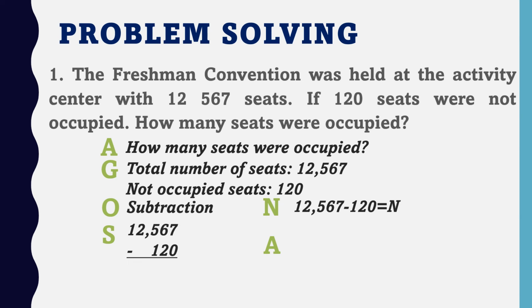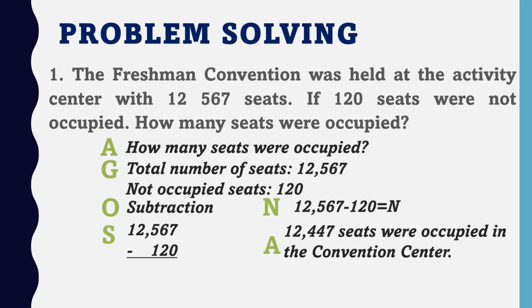Subtracting the two, 7 minus 0 is 7. 6 minus 2 is 4. 5 minus 1 is 4. And bring down 2 as well as 1. So the final answer here is 12,447. We say for the final answer, 12,447 seats were occupied in the convention center.